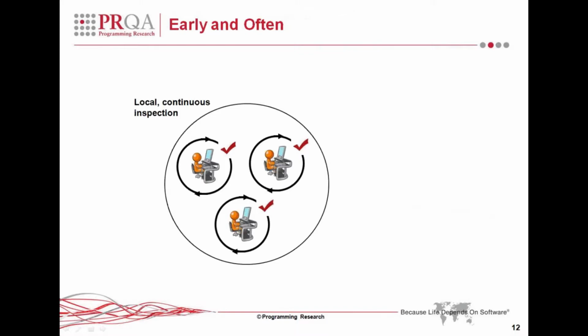So the process of putting this in place, this continuous code inspection, is done by first and foremost making the automatic inspection tools available to the developers at their workstations.